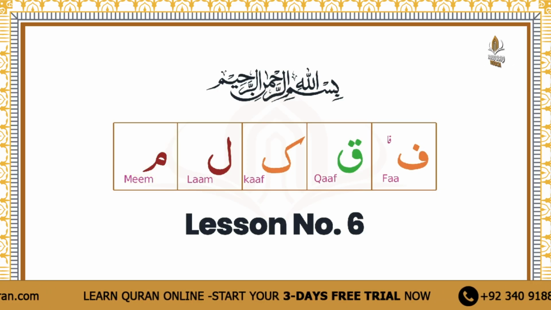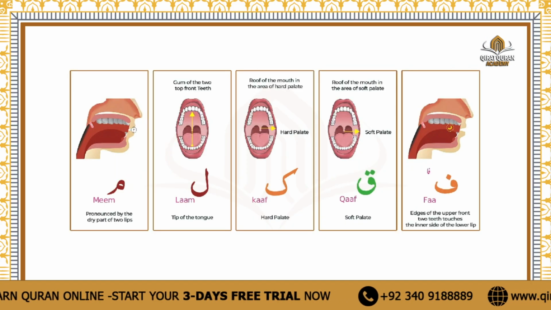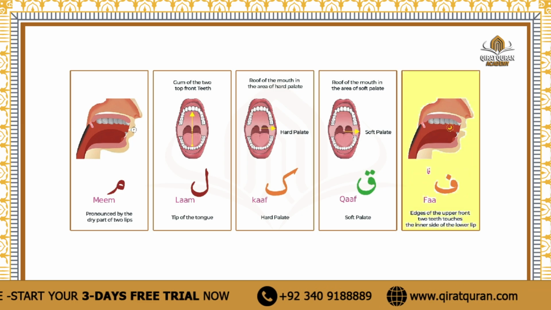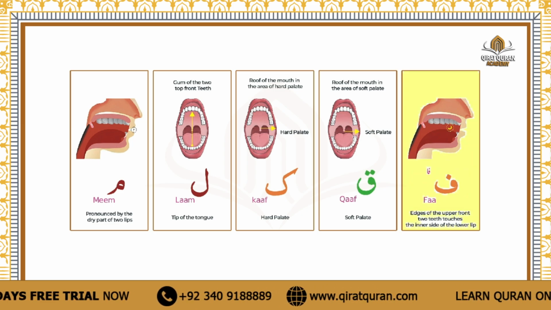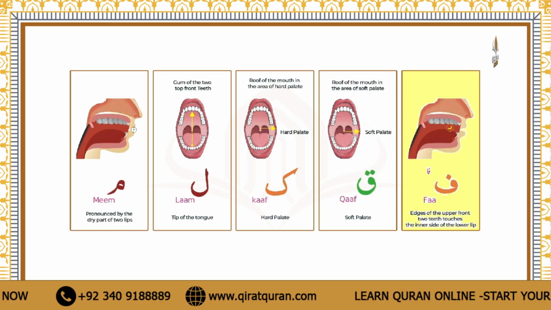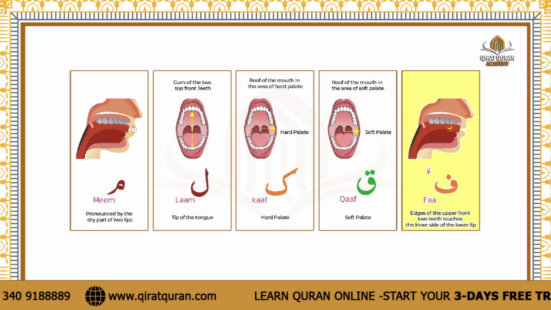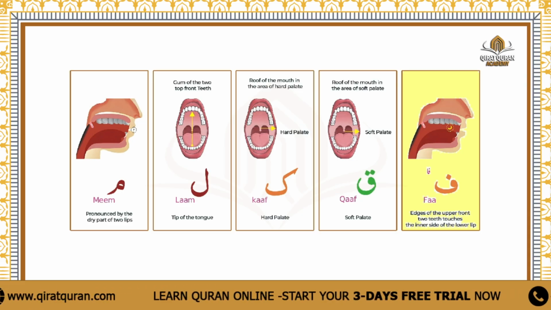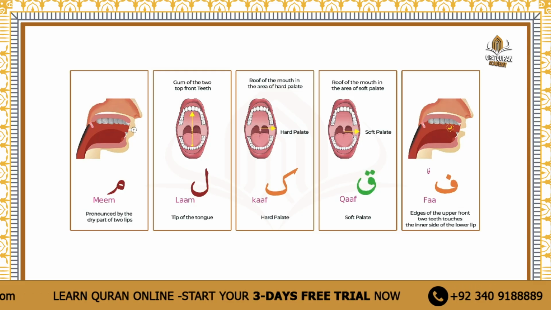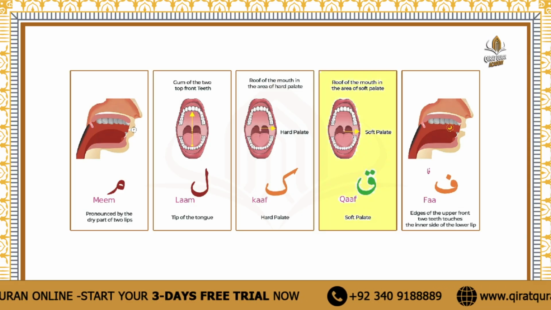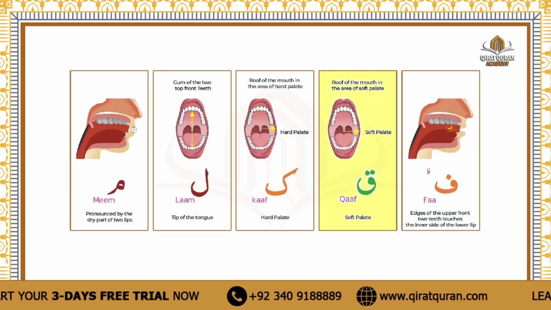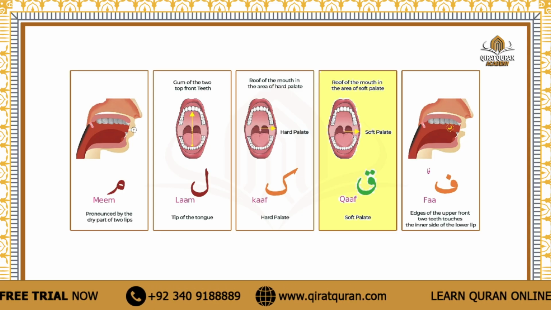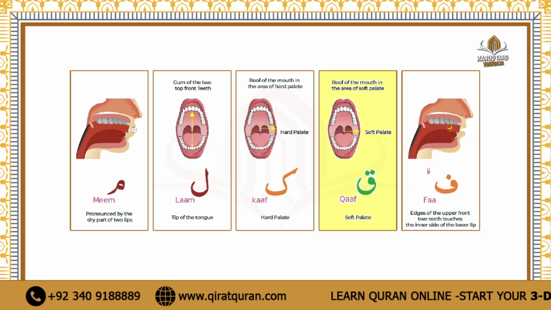And then we read about the origins of these letters. Fa. For pronouncing fa, we have to use the edges of the upper front 2 teeth touching the inner side of the lower lip. And qaf, we have to use the soft palate for reading qaf.